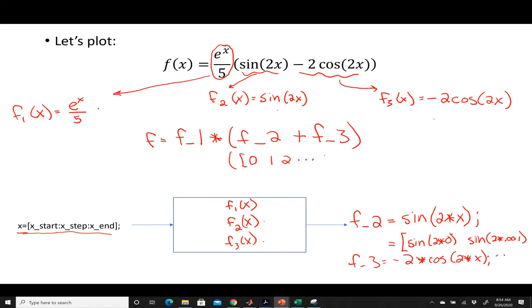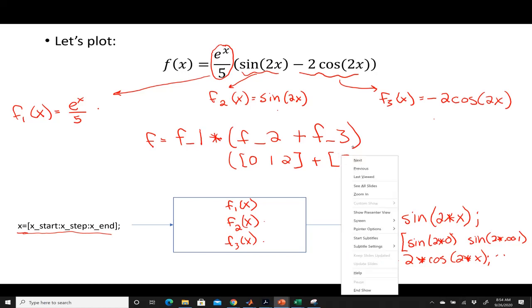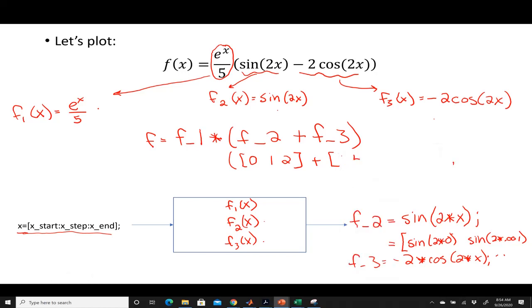Let's say it just had the numbers 0, 1, and 2. Let's say that's what f2 equaled. And then let's say f3 had the numbers 3, 4, and 5. Again, for the specific functions f1, f2, and f3, these would not be the numbers, but I just want to keep this simple.